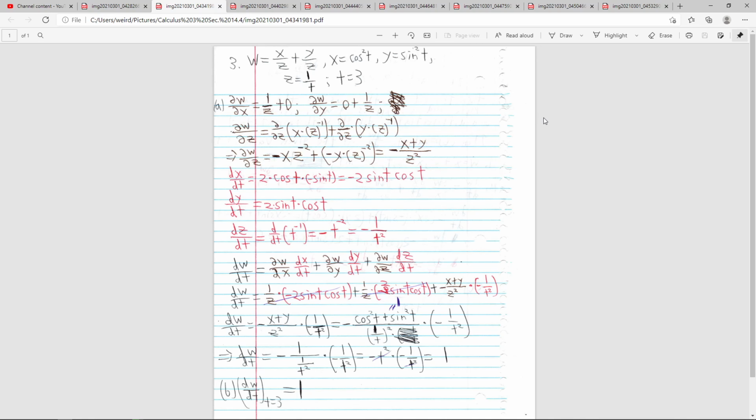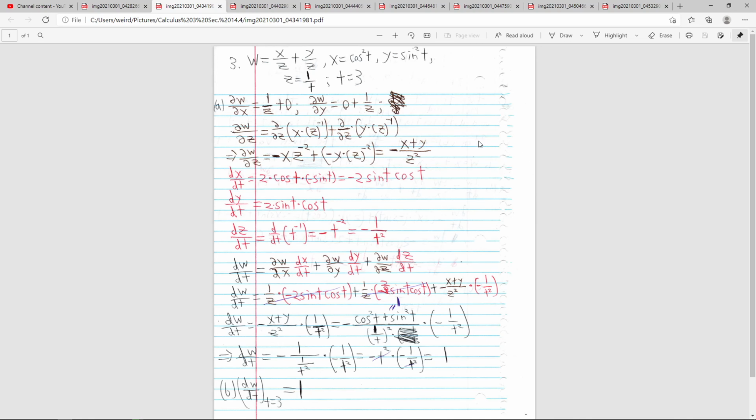So dw/dx and dw/dy, those are easy because it's just 1 over z for both of them in the end. Because it's basically x times 1 over z plus y times 1 over z. So with x, it's just 1 over z. y, it's the same thing. dw/dz is a little bit harder, but you make it a negative power and you take down the power.